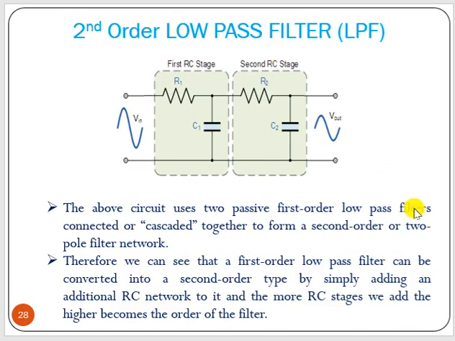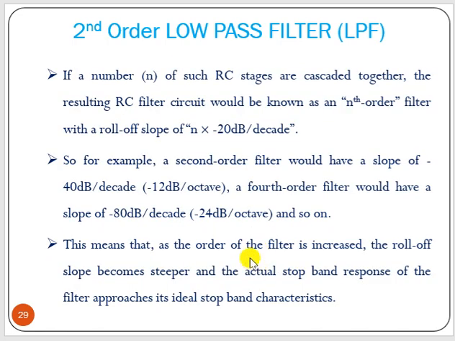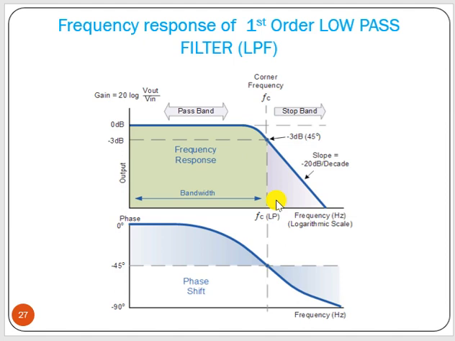Now this is a second order low pass filter. This is your first stage RC stage, second stage RC stage. So two low pass filters connected in cascade will provide us the second order low pass filter. For a first order low pass filter the slope of attenuation is minus 20 dB per decade.